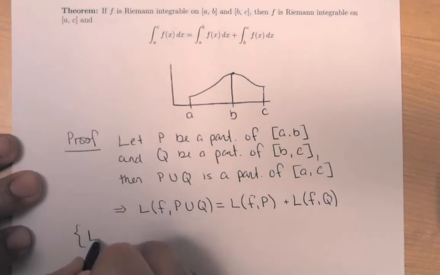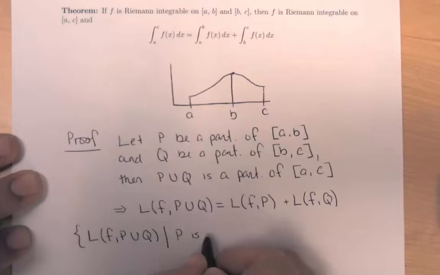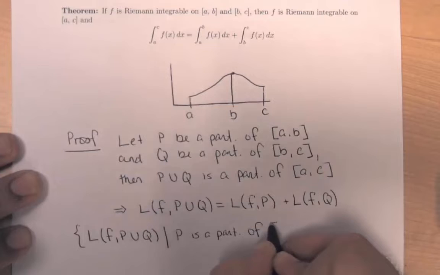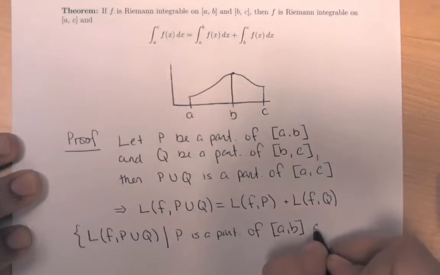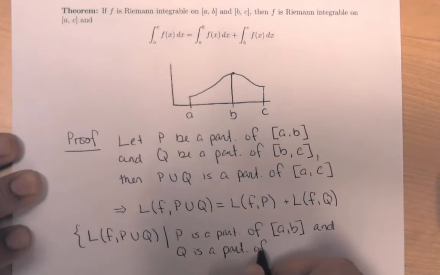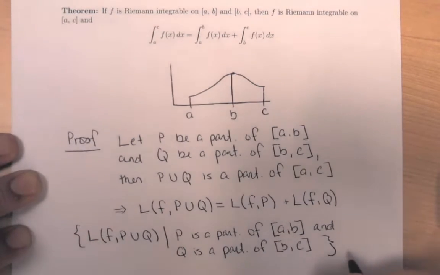That is, let's consider every lower sum over a partition that's assembled by taking a union of a partition P of a to b, this interval, and Q is a partition of b to c, right?